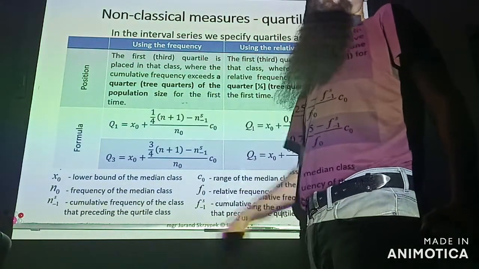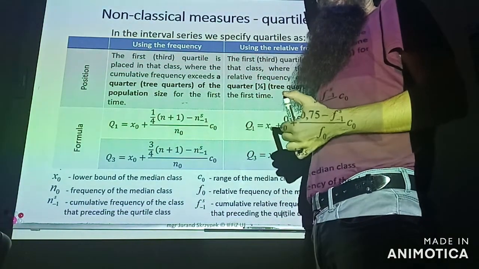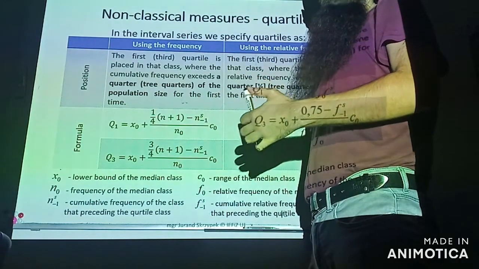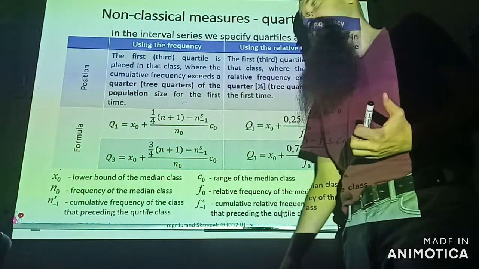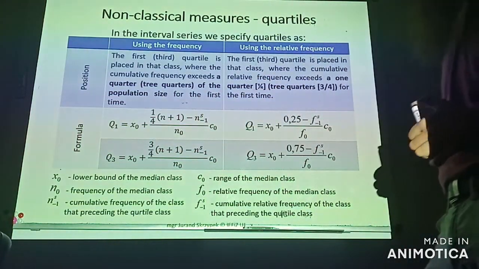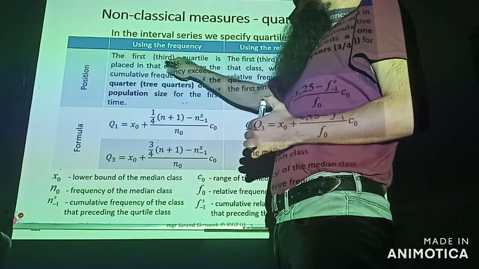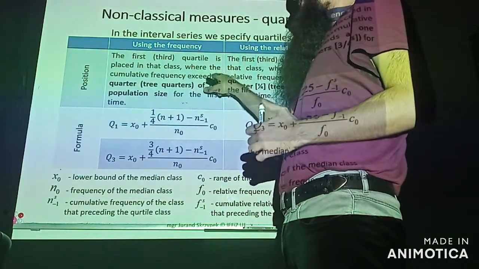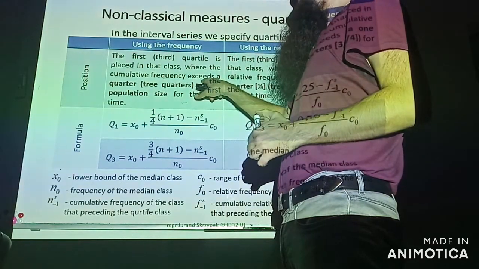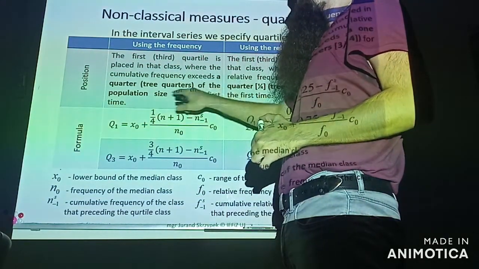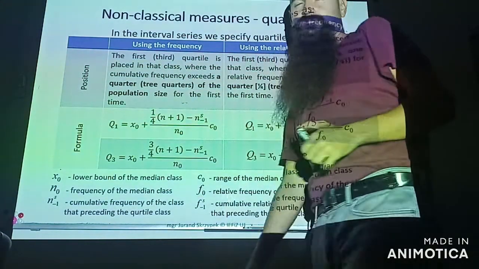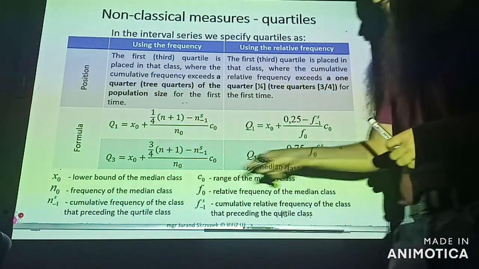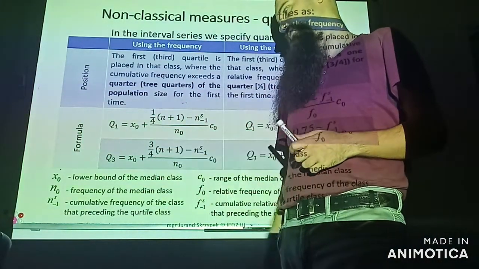First quartile means 1/4 of the population size. If we talk about the third quartile, we are looking for the class in which cumulative frequency exceeds 3/4 of the population size.